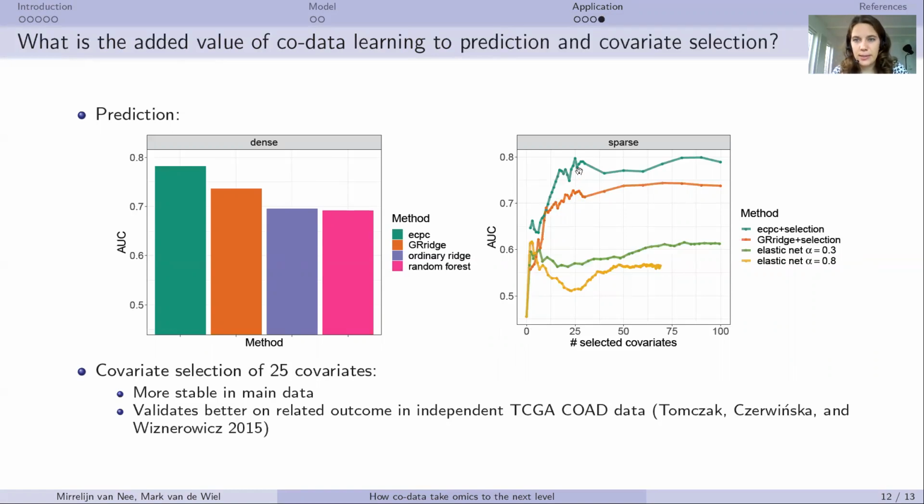So you see that the improvement is even larger in this case. So if the codata is informative, which it is in this case, then you can gain quite a lot in performance. And we also show that the covariate selection is more stable in the main data and that it validated better on a related outcome on an independent data set on colon cancer in the Cancer Genome Atlas.